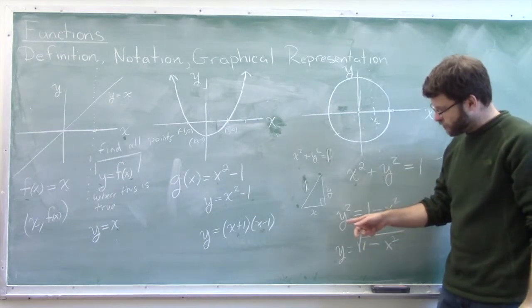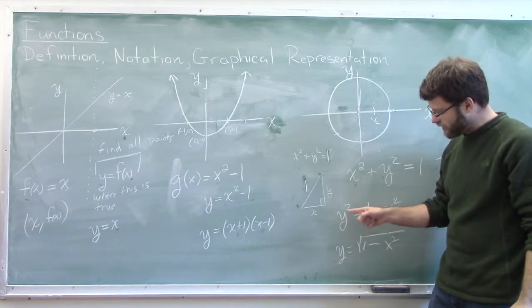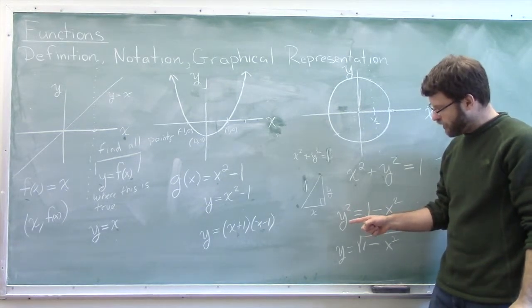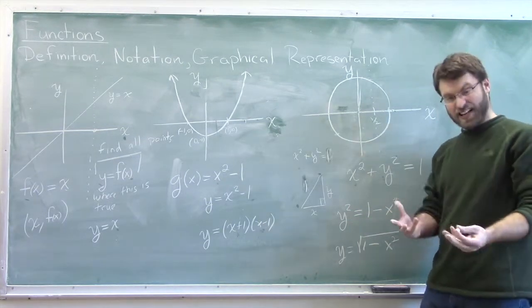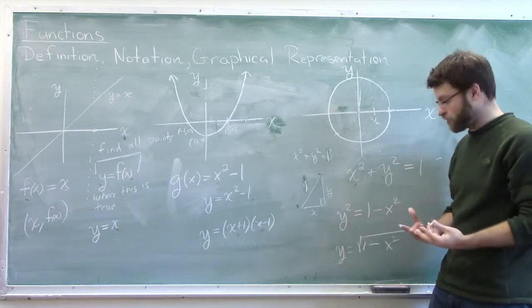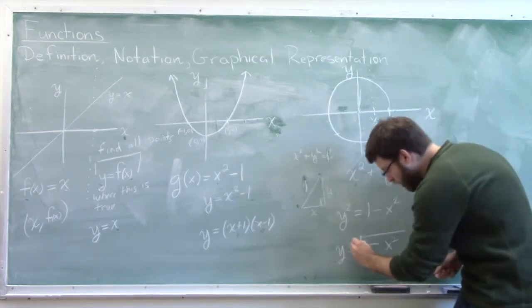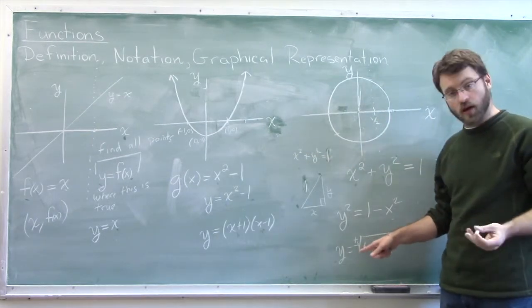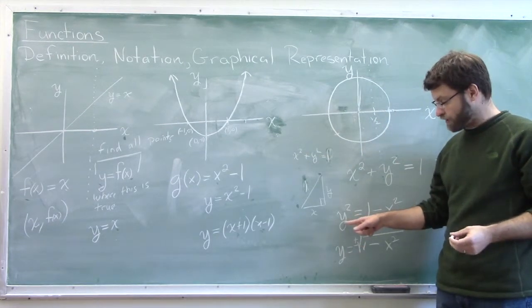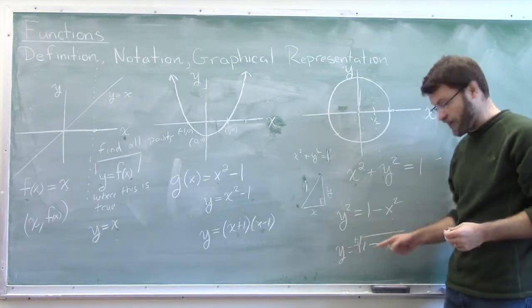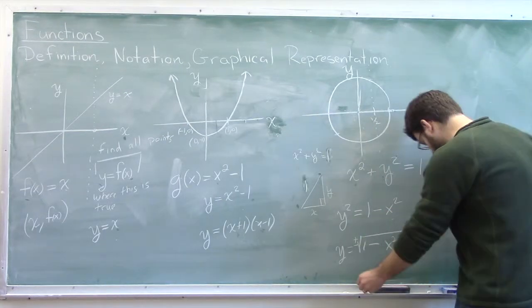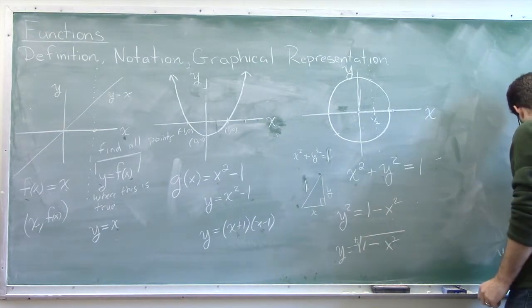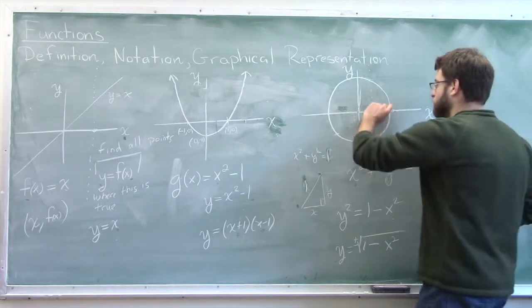And what's interesting here is that square and square root aren't perfect inverses of one another. They don't cancel each other out. So we often consider two branches, a positive square root and a negative square root, if we're trying to find the values of y that might satisfy this relationship. And that gives us two parts of this curve.